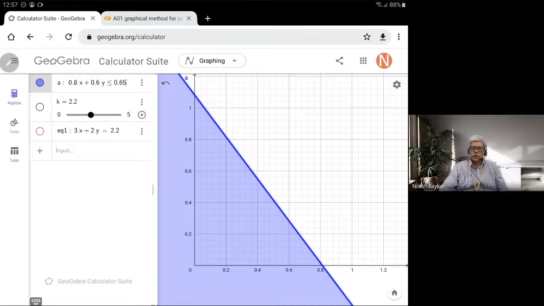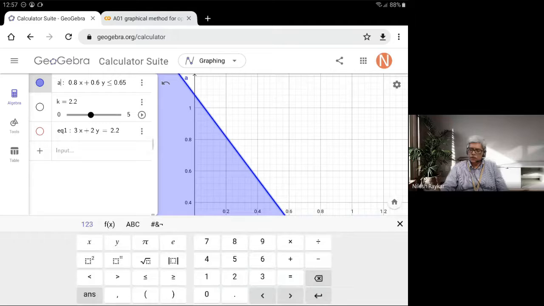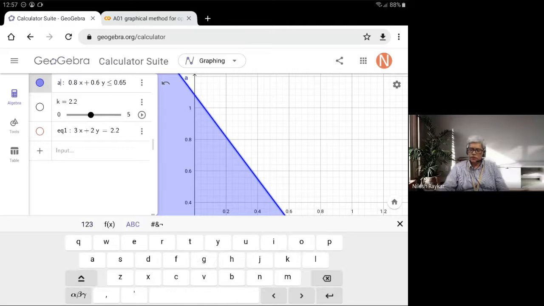You can add more constraints using this plus sign. So you can add more equations there. And you can give them constraint names also. So instead of A, one can call them G1, G2 and all that.